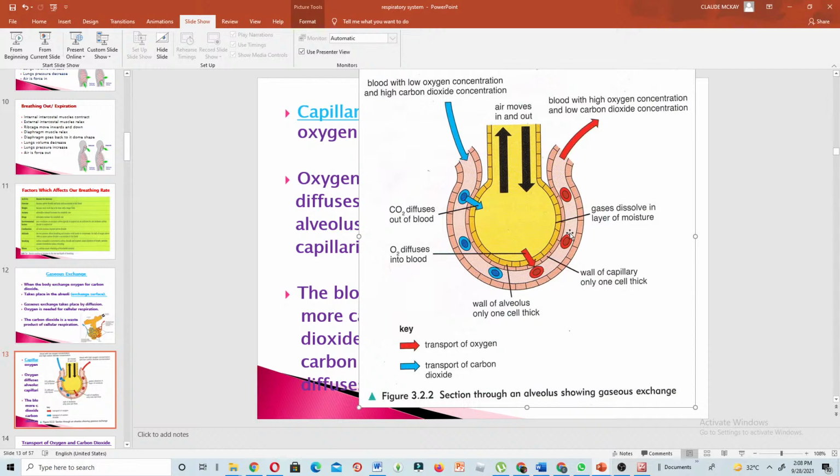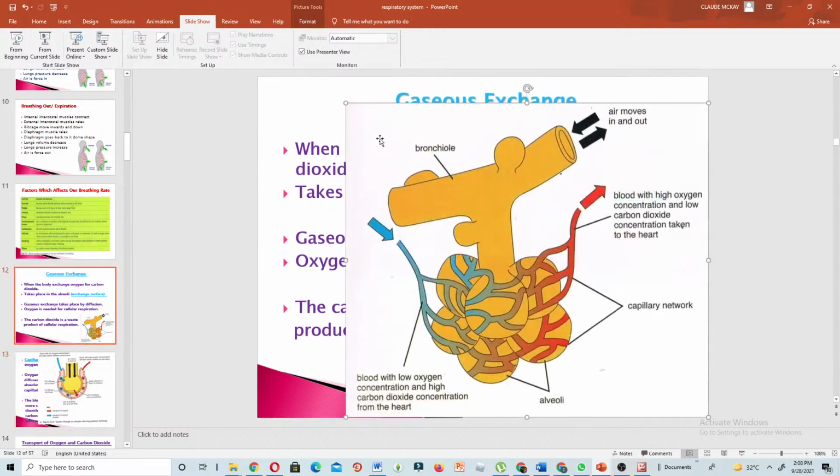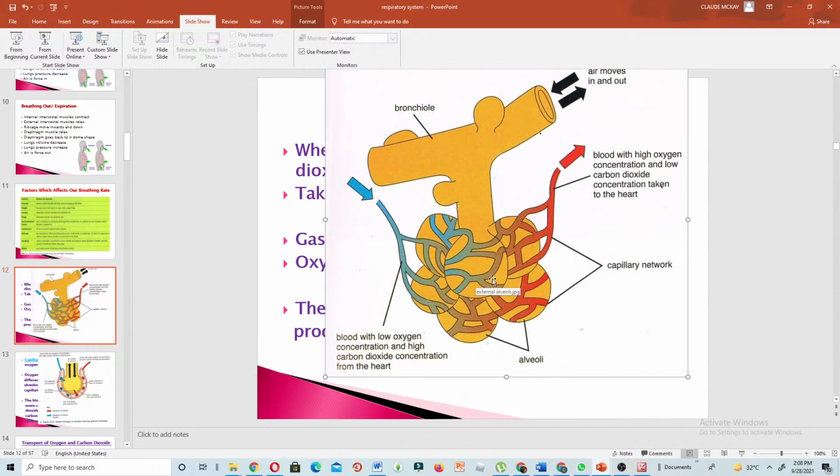So whenever we talk about gaseous exchange, we're specifically talking about this diagram, because this diagram explains gaseous exchange to the T. Again, what we're looking at in this image is an alveolus, just one of them. This diagram is now showing you more than one alveolus, so we would say alveoli.